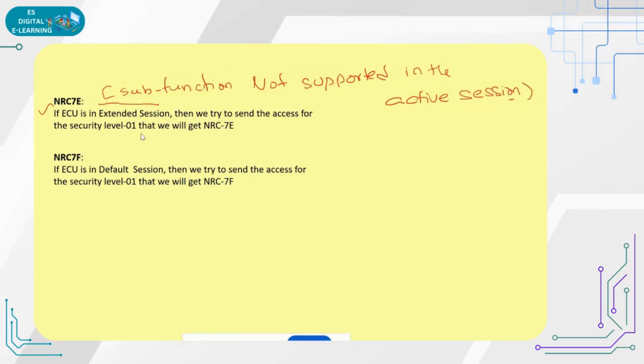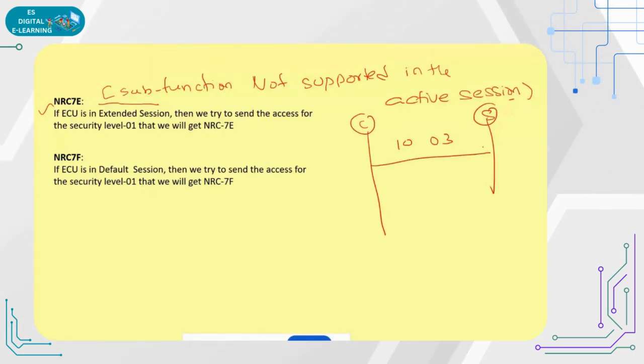If the ECU is in the extended session, and we know that the extended session is 1003, the client and server then try to enter the access for the security level. As we know, security access will work only in the programming session. But for the extended session, it won't work, it won't support the security level.